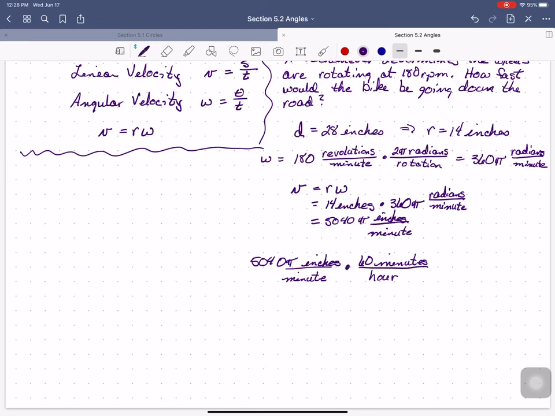But before I go to miles, I'm going to go to feet. So I've got 1 foot per every 12 inches, and 1 mile per every 5,280 feet. And if I multiply all this through, I end up with just shy of 15 miles per hour.